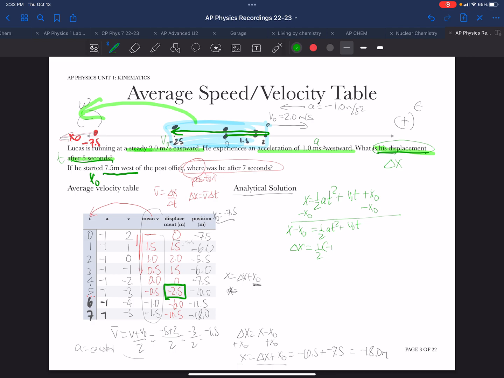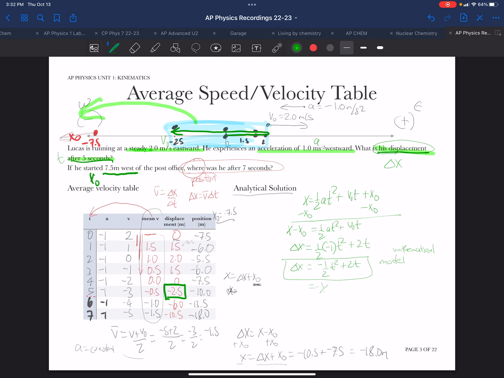So then we plug in our numbers. The acceleration is -1, and our initial velocity was +2. So now we have an equation of -1/2 t squared plus 2t is going to give us the delta x. Now this is a mathematical model that allows us to answer a question, but it allows us to predict or postdict particular values.